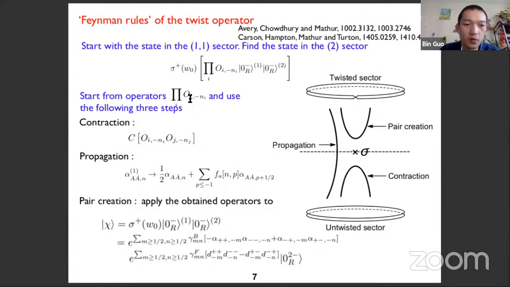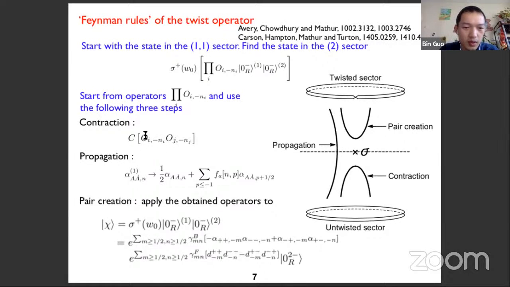Replace pairs of O by a complex number C. And after that, whatever operators are left after contraction, you can replace them by operators in the twisted sector. For example, this is an alpha mode for copy 1, replaced by a mode in the twisted sector. So this tells us how to propagate from the untwisted sector to the twisted sector.